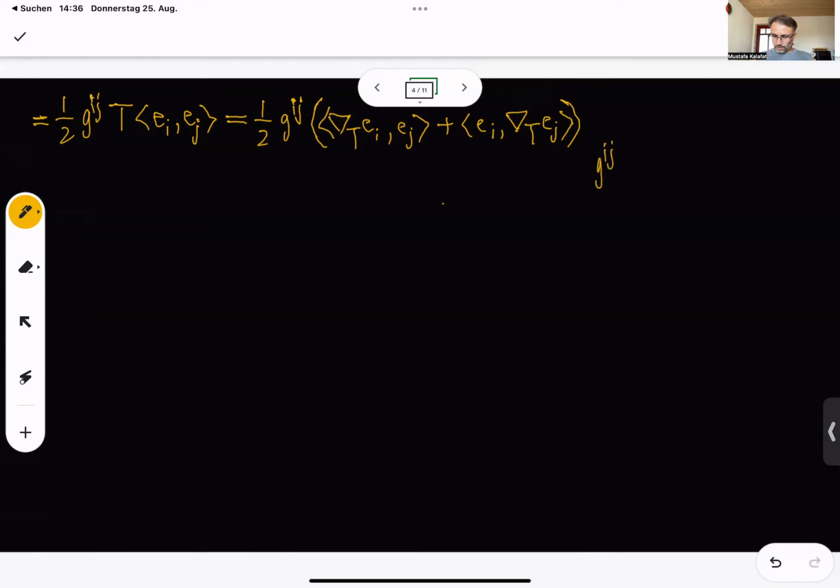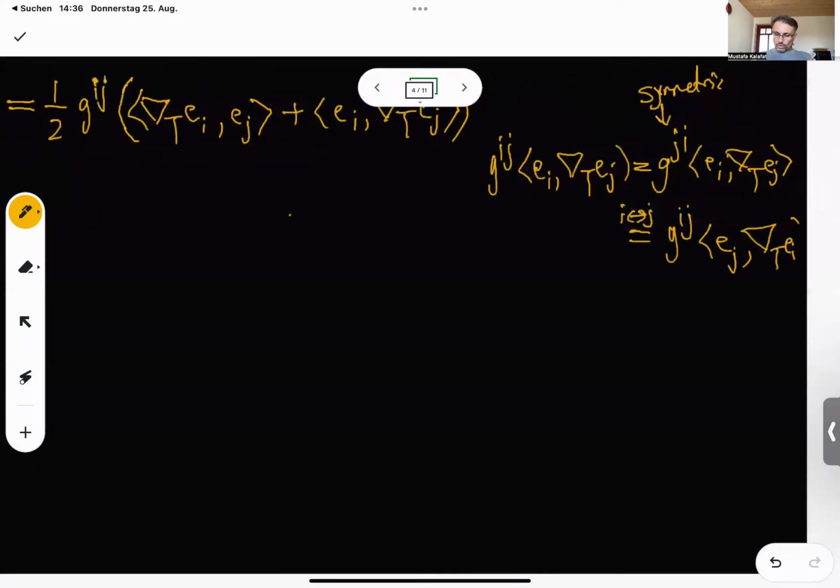For example, gij ei nabla T ej, you can change to gji because the metric is symmetric, then exchange i and j, and that's going to be gij ej nabla T ei.